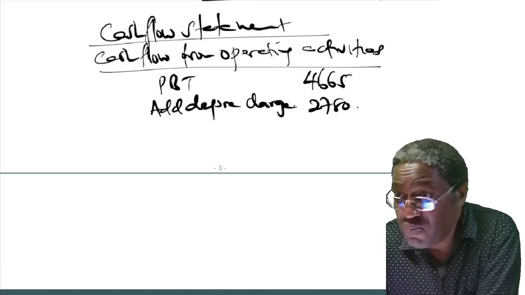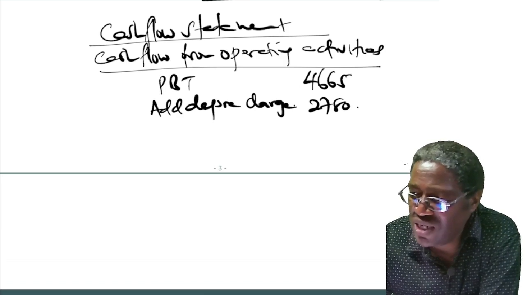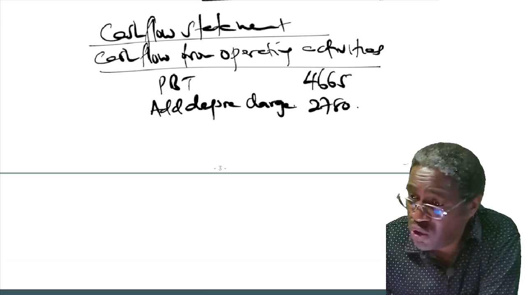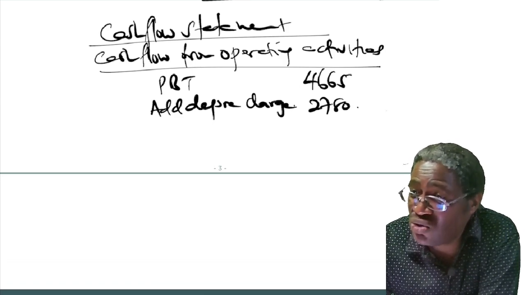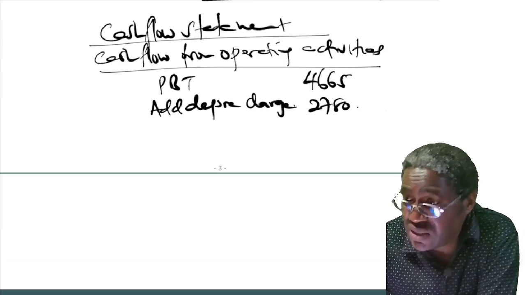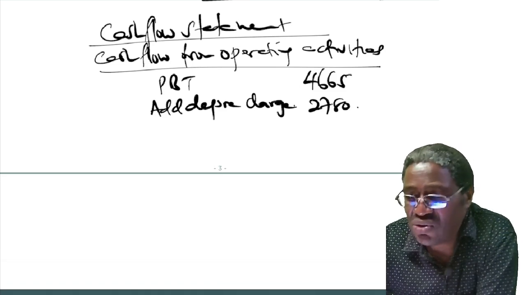We only develop the topic, but the concepts we are discussing are the same concepts you will find in the advanced financial reporting topic of cash flow. We only add some other areas that you do not cover at the intermediate level. Good. So let's continue.